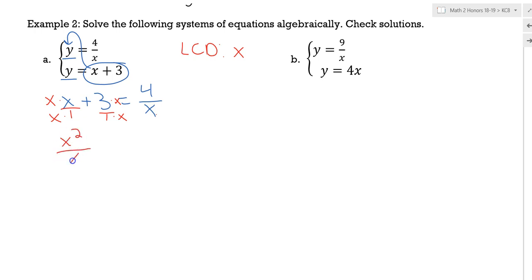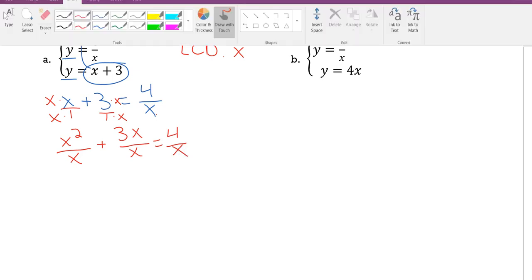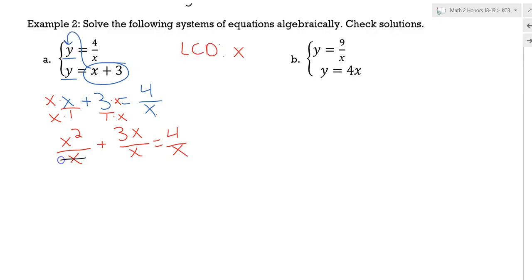X squared over x plus 3x over x equals 4 over x. These go away, so you have x squared plus 3x equals 4.